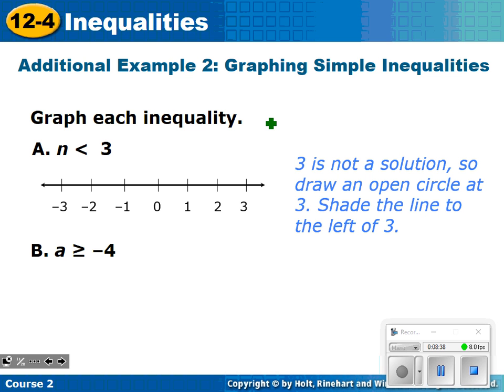No, it's a circle. Circle or dot determines whether or not it's included. Okay? It is not included, so it's a circle. Then, because it's less than, we just shade to the left. Okay? Next one.